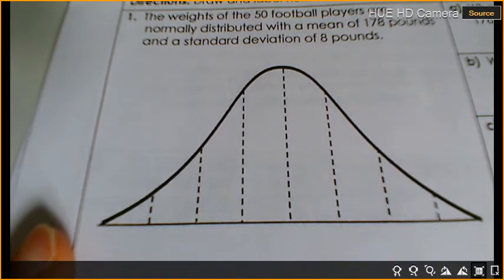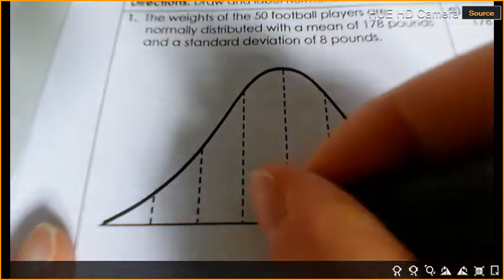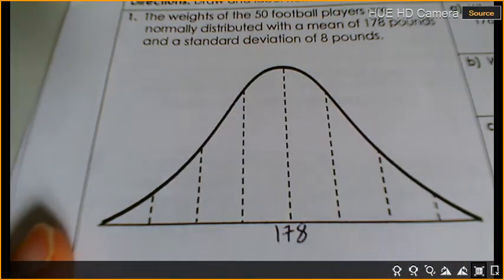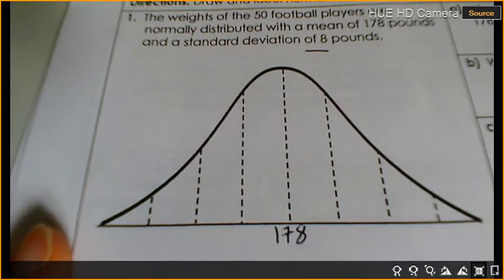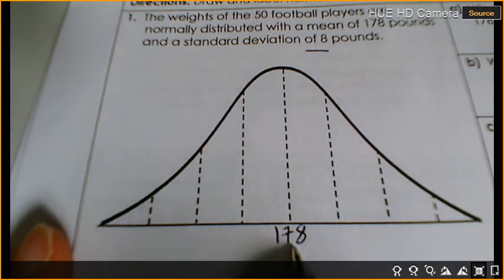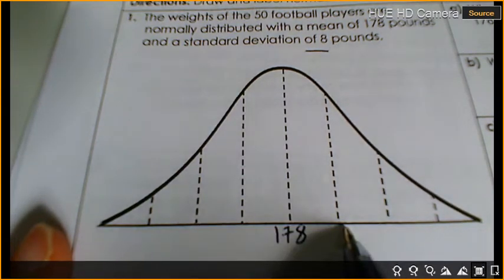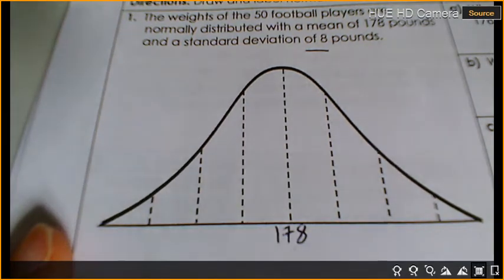The mean goes where? Which one of these dotted lines? The very middle. So 178 should be right here. Okay, the standard deviation is 8. What does that mean? You're going to add 8 to get to the first standard deviation, or you're going to take 8 away to get to the -1 standard deviation.